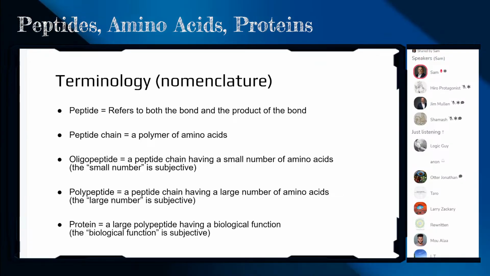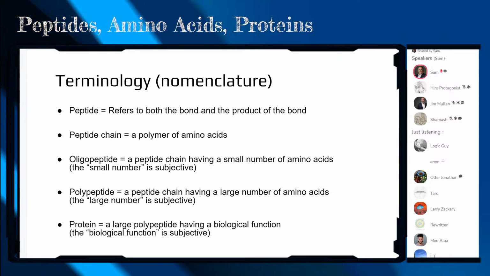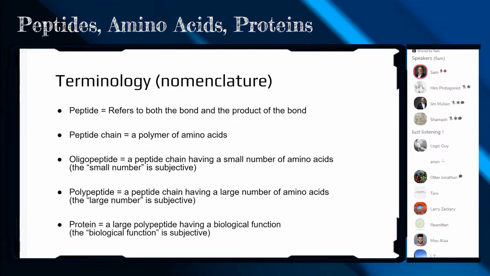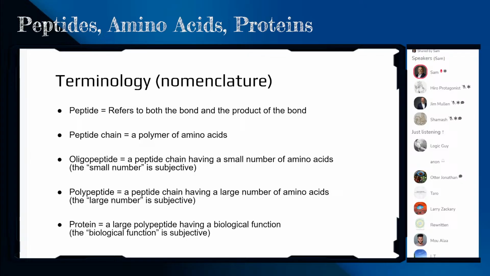I have another terminology slide on slide 18. So a monopeptide is a single amino acid. A dipeptide is 2 amino acids joined. A tripeptide is 3 amino acids. After that, we dispense with the Greek, and we just use this mer terminology. So 4 amino acids is a 4 mer.